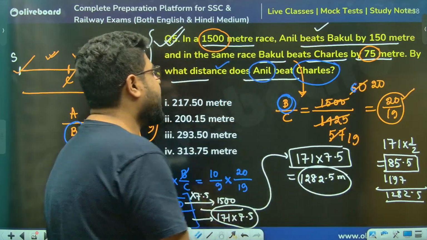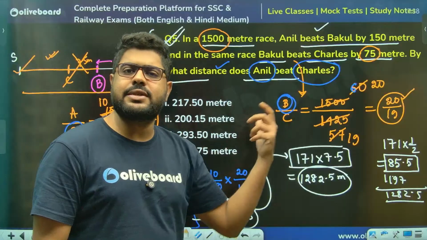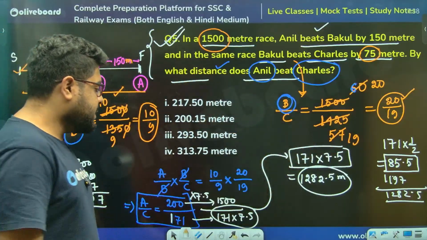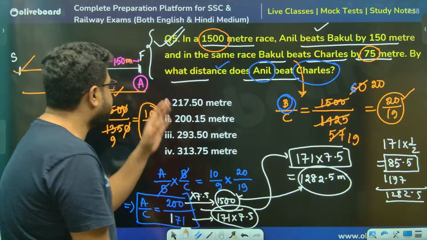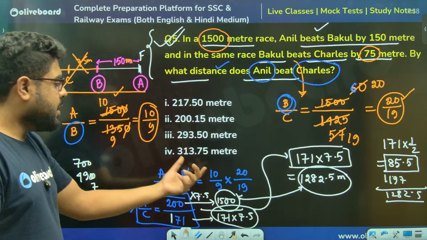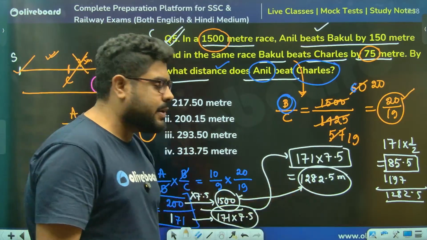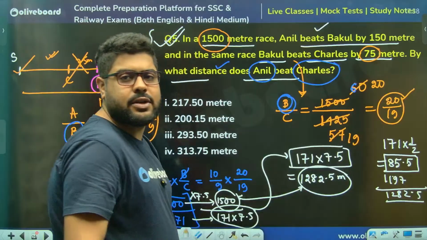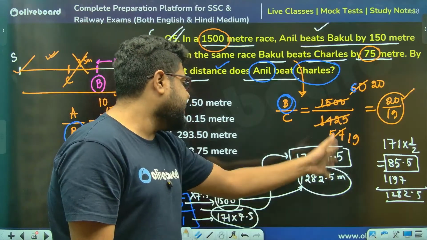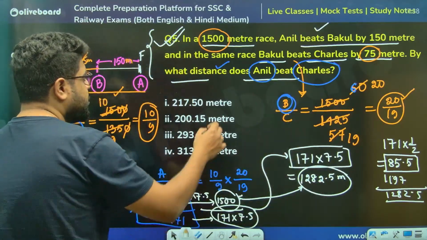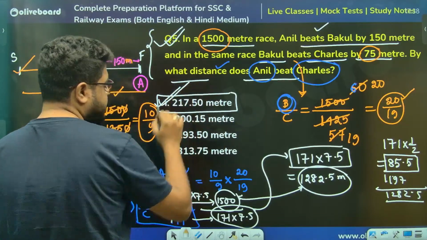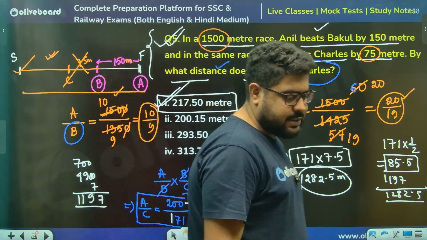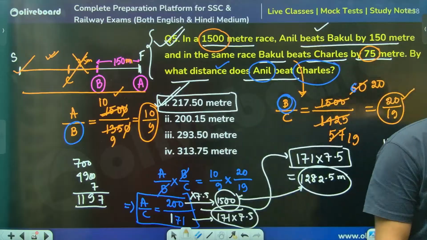So they are asking by what distance Anil will beat. Sir, just subtract this. Meaning by the time Anil reaches the finish point, how much behind Charles will be, sir? 1500 minus कर दो. 217.5. 217.5 is there. Option number 1, sir. Correct.